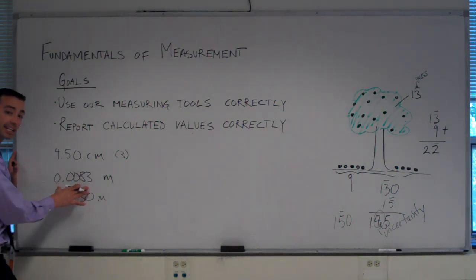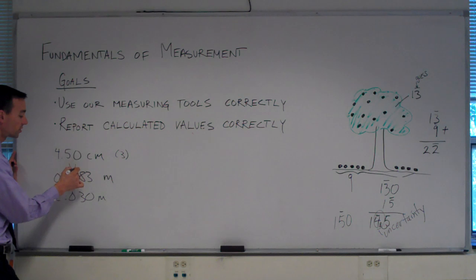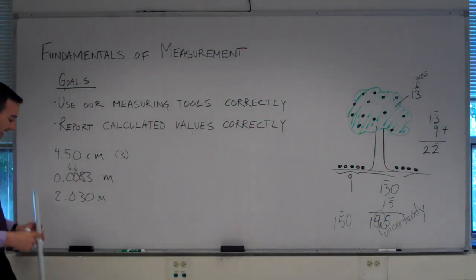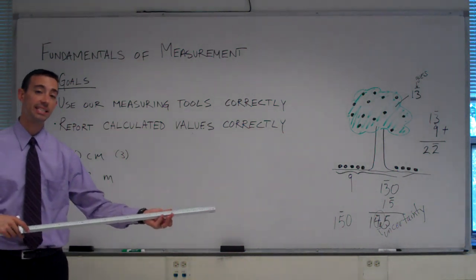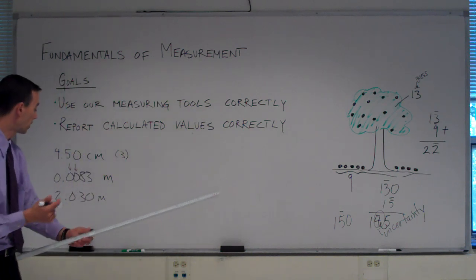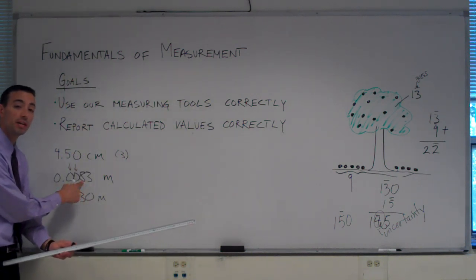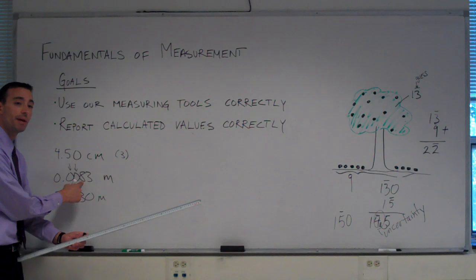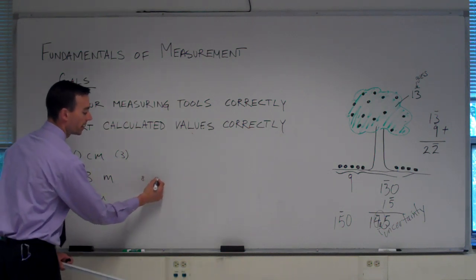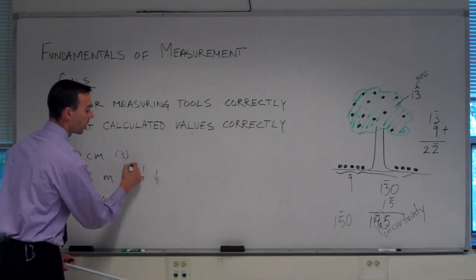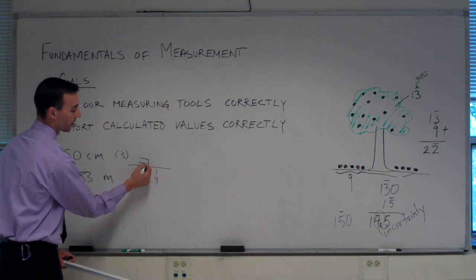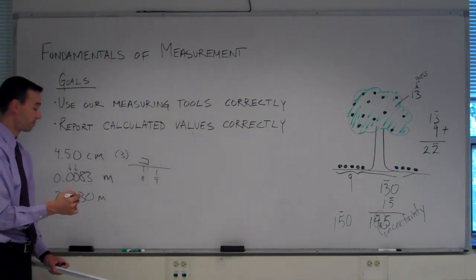But in this second case, these first 2 zeros are really just holding the place. This is a measurement I can tell that was made on side D of this ruler, for example, where the millimeters are marked out. This 8 would be in the millimeters position, and they have estimated that the value fell somewhere between the 8 millimeter and 9 millimeter mark. And so maybe at 8.3 is where they estimated the answer to be.